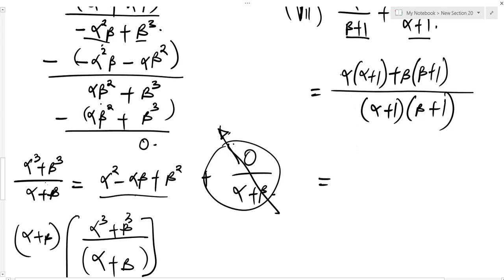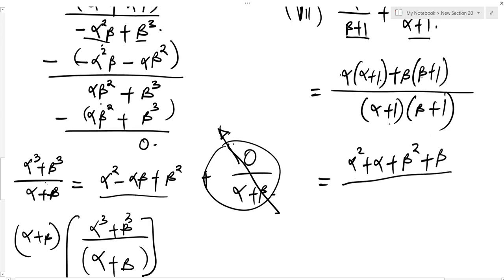I have alpha times alpha will give you alpha square, alpha times 1 will give you plus alpha, plus beta times beta will give you plus beta square, plus beta times plus 1 will give you plus beta.